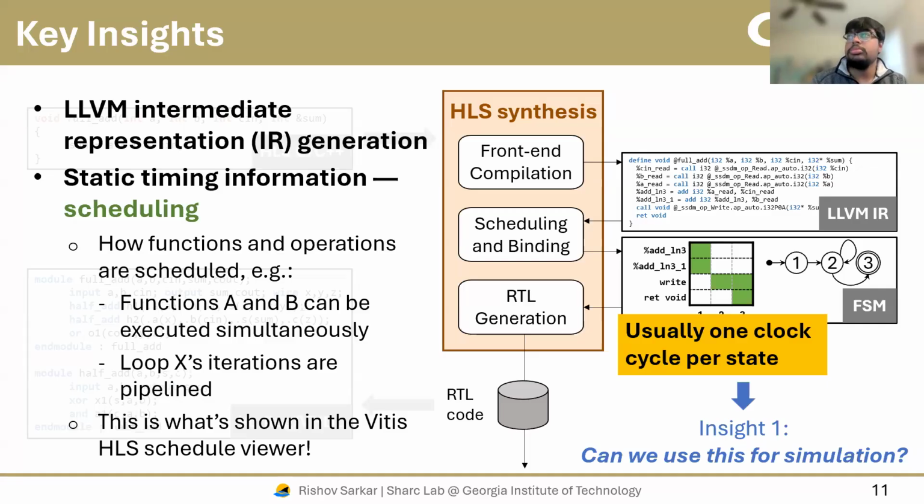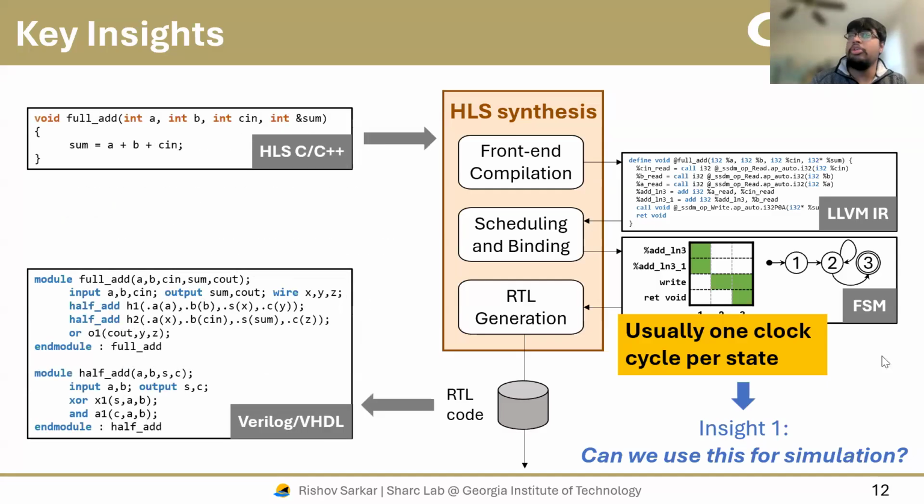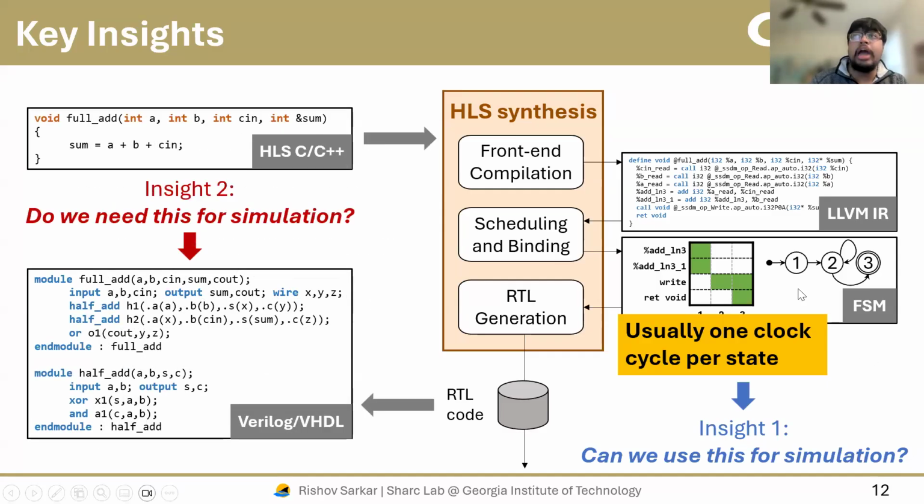Then the RTL, the Verilog or VHDL output, doesn't even matter, because we don't need to care about the actual signals. We just need the finite state machine. So the RTL generation step is not even necessary for our simulation, and that can save a lot of time.